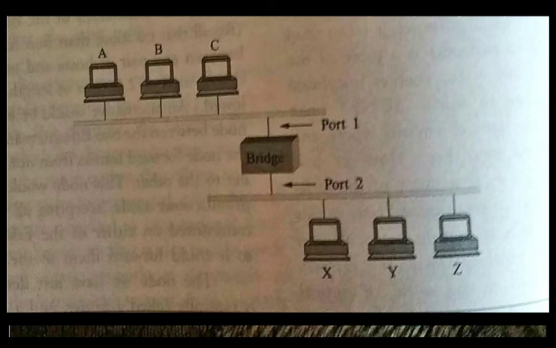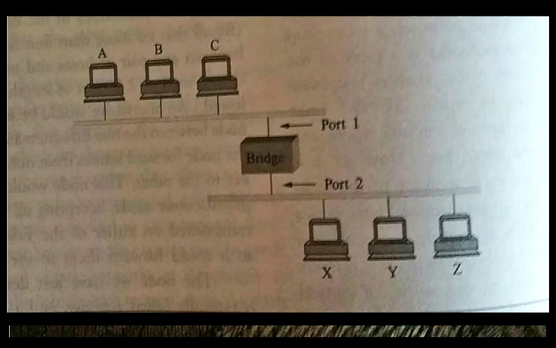The bridge is not going to forward all the packets which are received on port number 1, that is from ethernet segment 1. Only the packet containing an address that belongs to another network, that is, where the destined host is not present in this particular network.